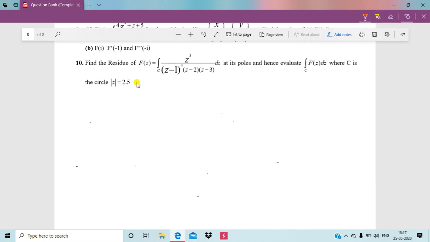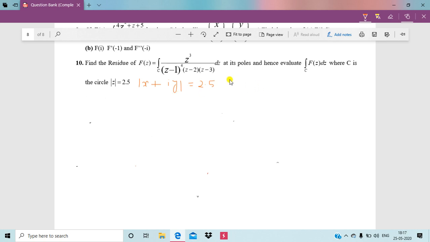So it is mod x plus iy equal to 2.5, and by the definition of mod it is root over x square plus y square.